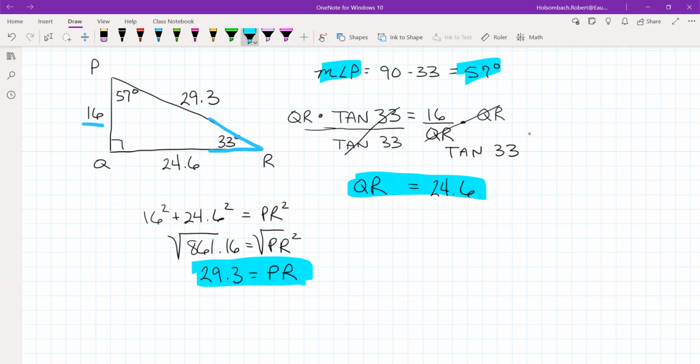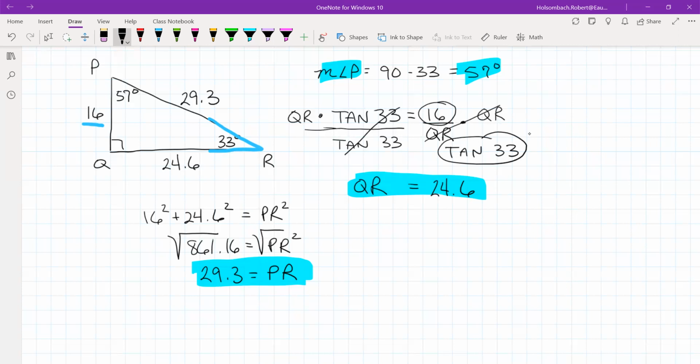All right, so any questions on solving a triangle using trig ratios? QR. Okay. I got QR. Okay, go back. And what we have to do to get QR is we got to take this 16 right here, and we got to divide it by tan 33. So clear your calculator, 16 divided by, and then type 33 tan and hit equals.